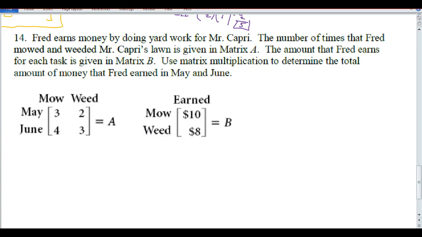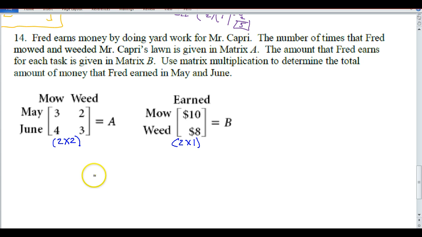Okay, so basically we're just going to do matrix A times matrix B to get this done. So if I do that, matrix A here is this lovely 2 by 2 matrix. Matrix B is a 2 by 1 matrix.